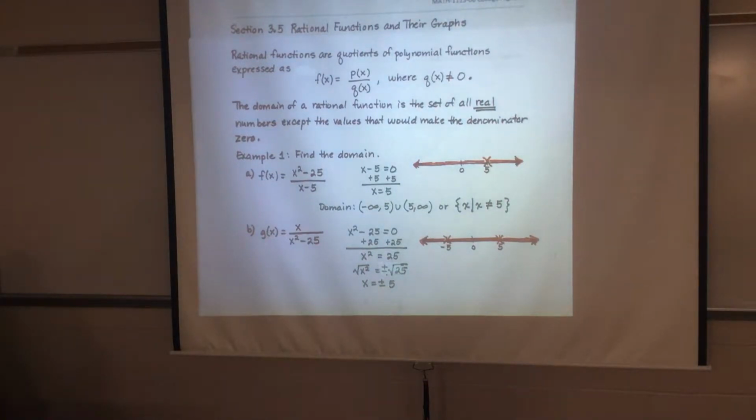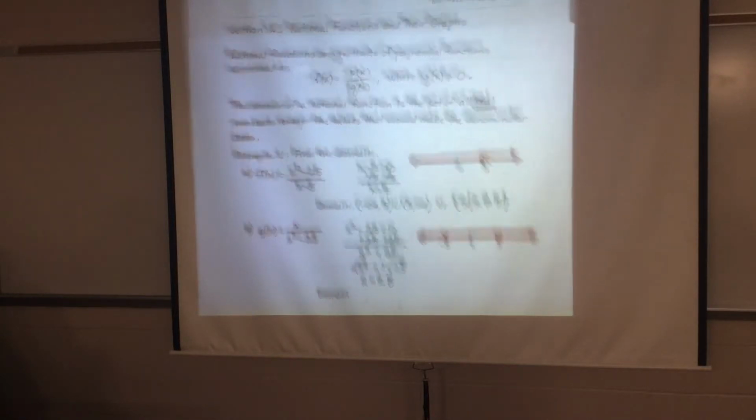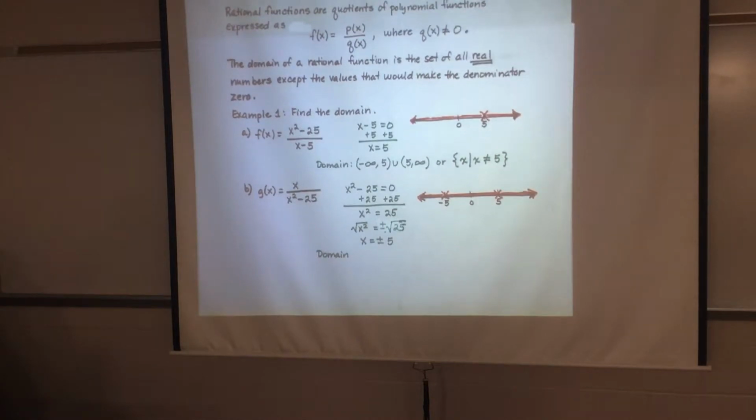So, here's the domain in interval notation. That's going to be from -infinity to -5, or -5 to 5, or 5 to infinity.